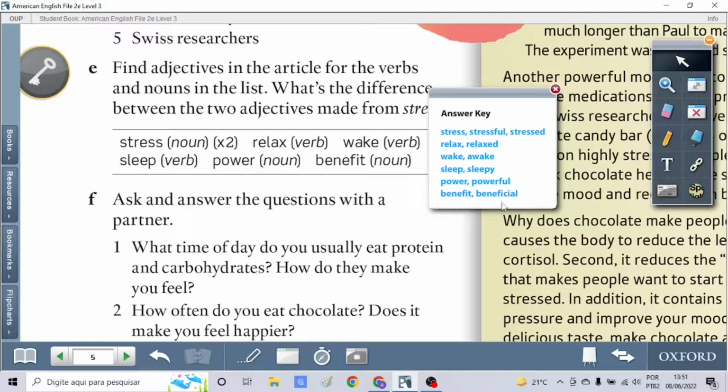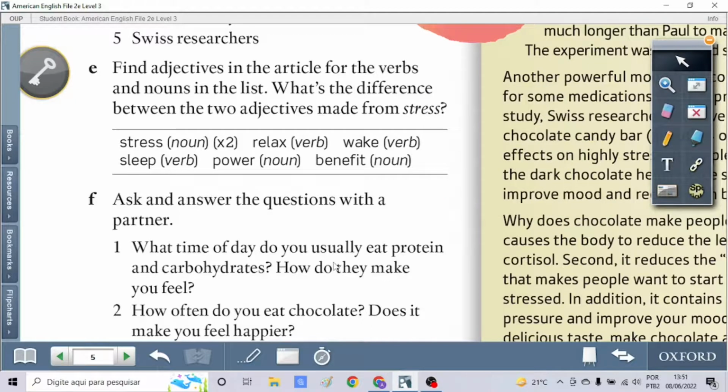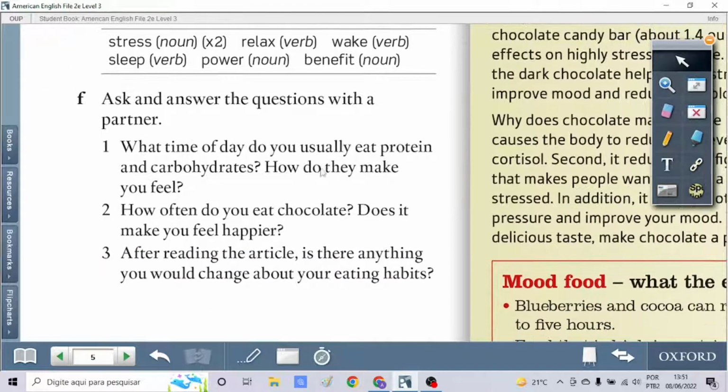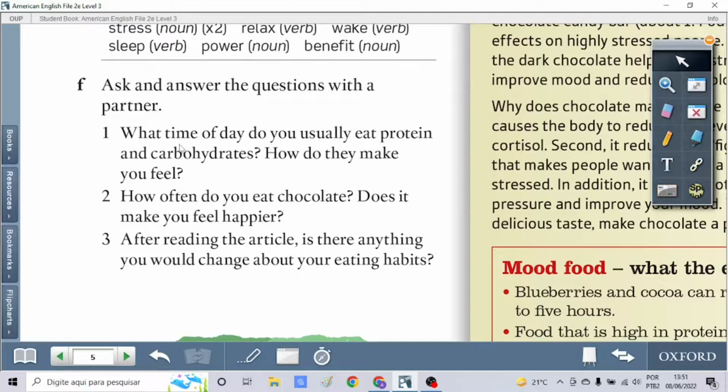Benefit, beneficial. Okay, so these are the words. Now, in letter F, ask and answer the questions with a partner. Here, you can think about your answer, and then in our class, you can talk about them.